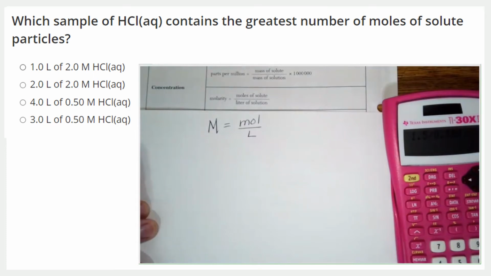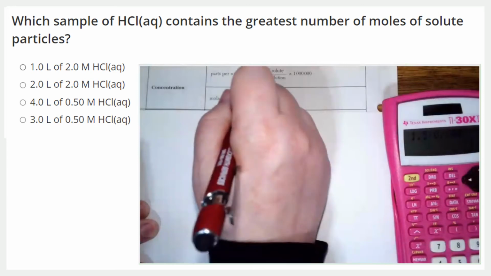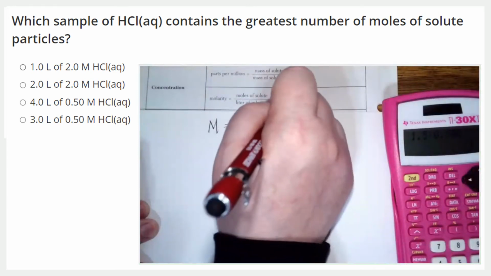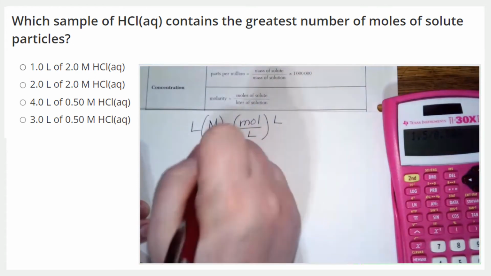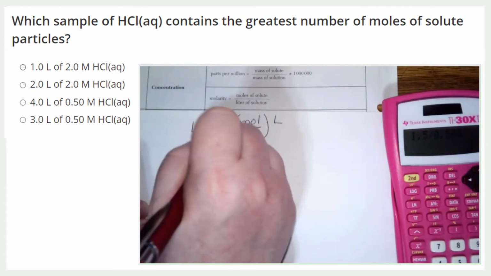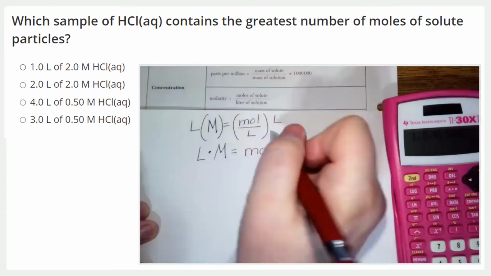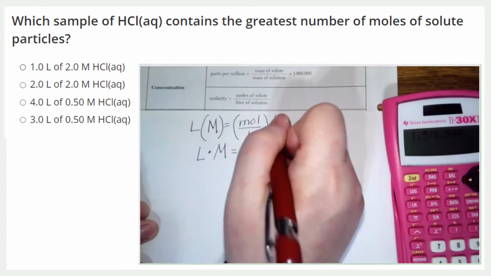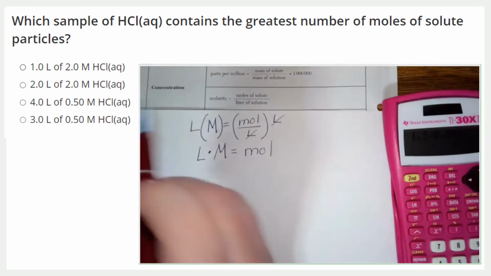Do you see that? I'm trying to solve for moles, so let's multiply both sides by liters. What I will get is liters times molarity equals moles. Why? Because these cancel out. Does that make sense?